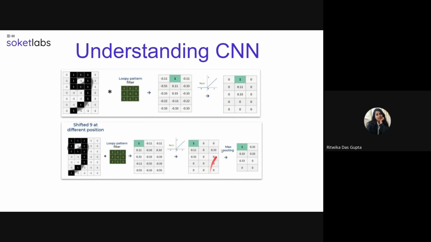So we use something called max pooling. What it does is take the maximum from a part of the matrix. If we take a 2 cross 2 matrix, from these 4 numbers the maximum is 1, so we put 1 here. Similarly, from these 4 numbers the maximum is 0.33, and so on.